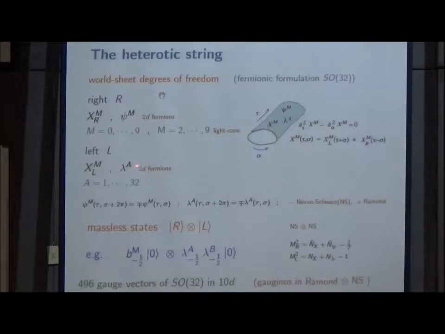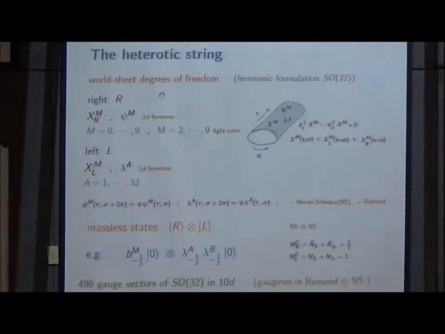In the case that I explained to you, they are 16 bosons that must be compactified on some special lattice. And also, as he was explaining yesterday, this is the origin of the gauge symmetry in the heterotic string. It's a kind of enhancement, and then you get extra gauge bosons.